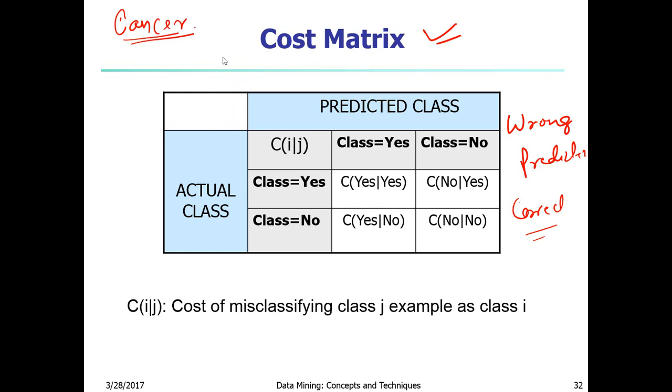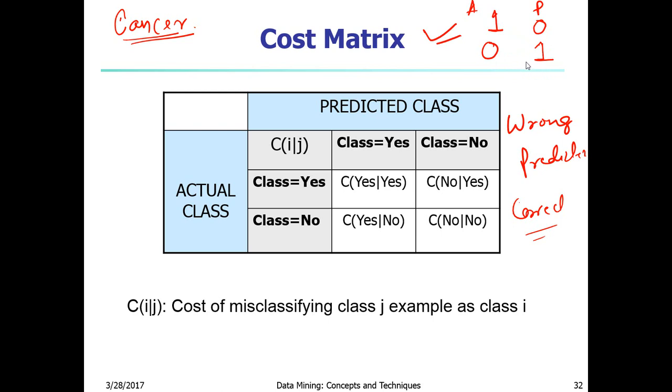Someone actually having cancer has been predicted to be not having cancer, and someone not having cancer has been predicted to be having cancer. Okay, so what is the cost of wrong prediction? Both the cases are wrong predictions. The first case is actual cancer, prediction is no cancer, whereas the second one is actual no cancer, but prediction is yes cancer.